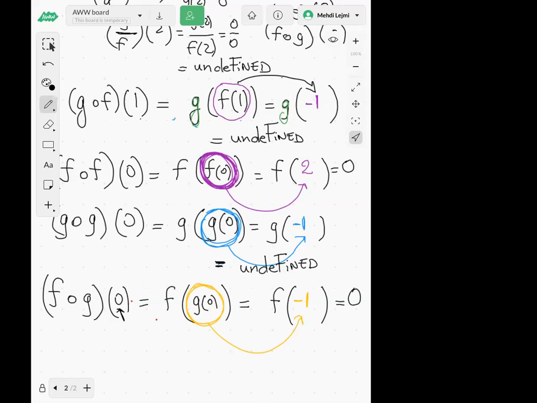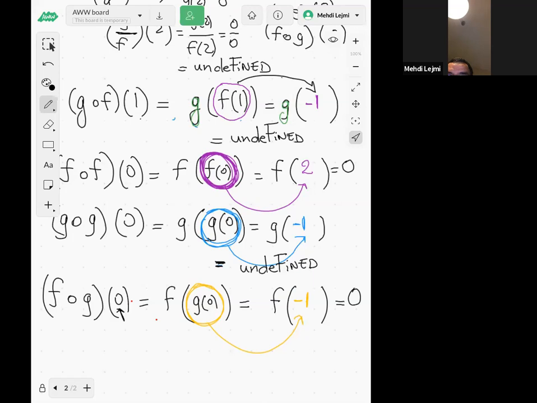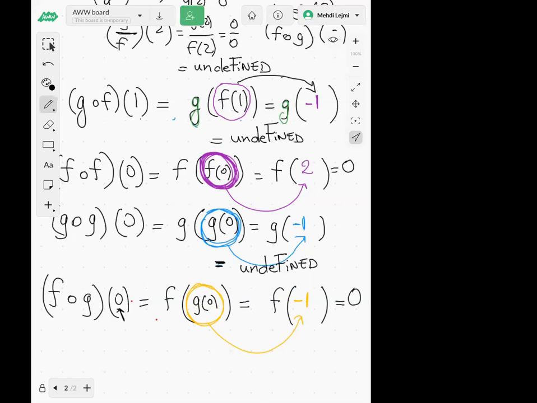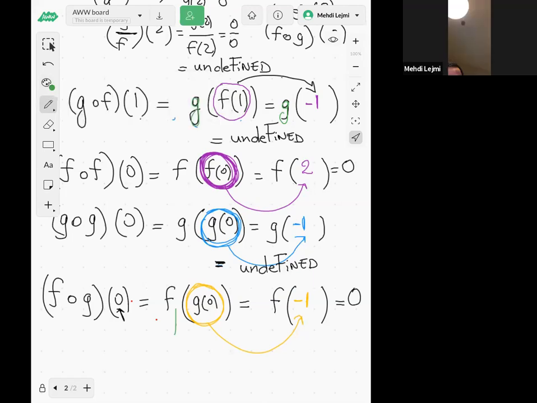Wait, we're not multiplying? No, that's the thing. There's no multiplication here. It's a composition. That's not f times g.